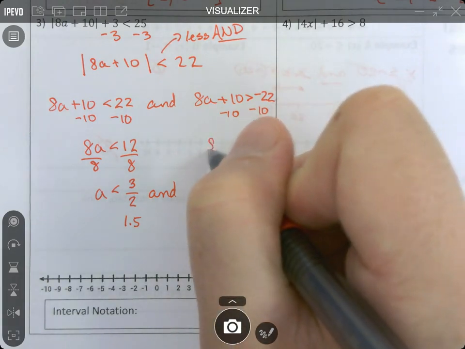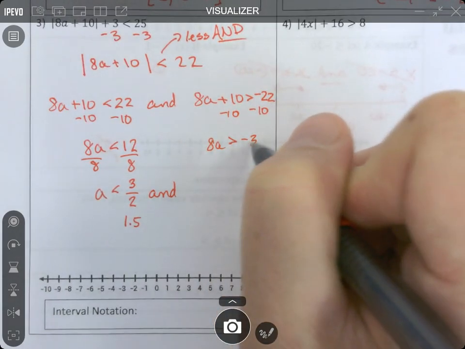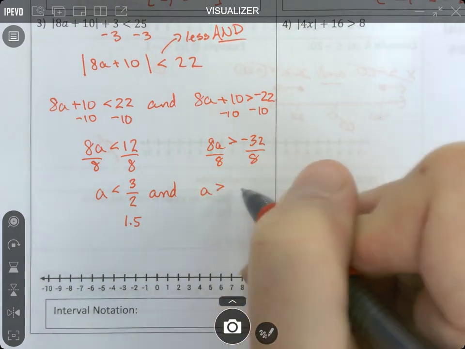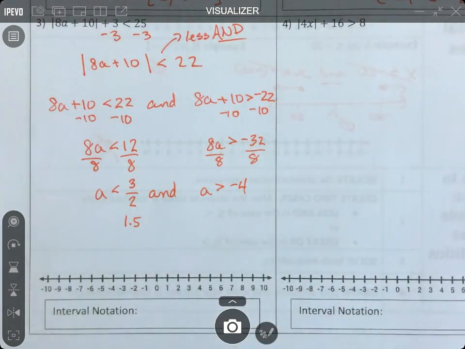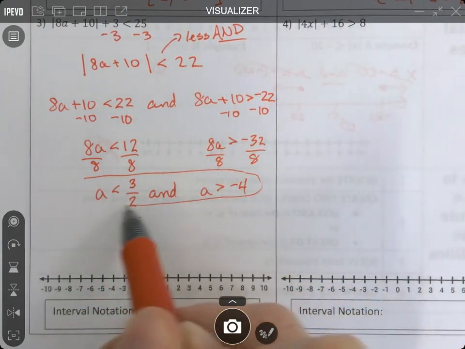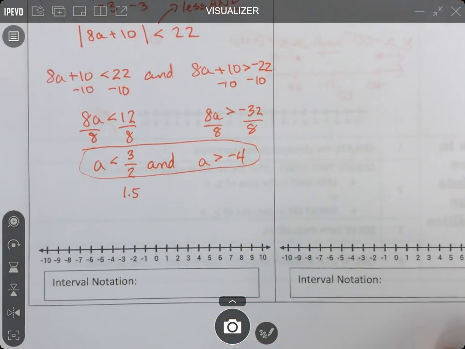Subtract. 8a is greater than negative 32. Divide by 8. And a is greater than negative 4. Are we good? Take a second, test your graph. Do we get any overlap? We're looking to make sure there's overlap.